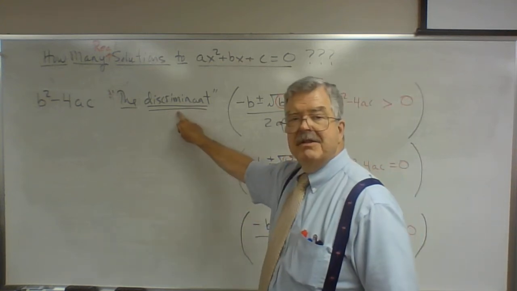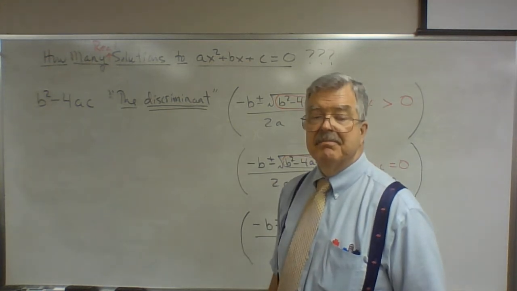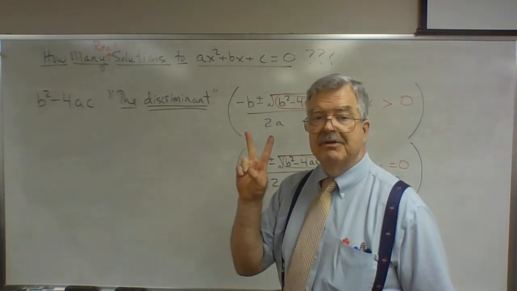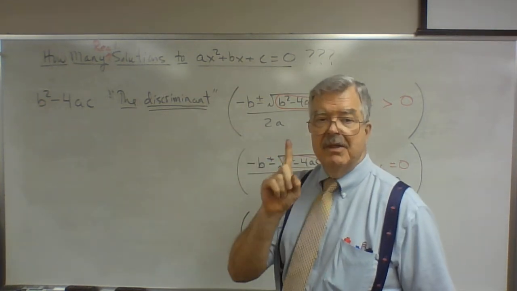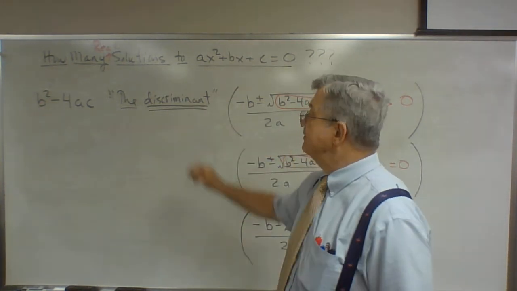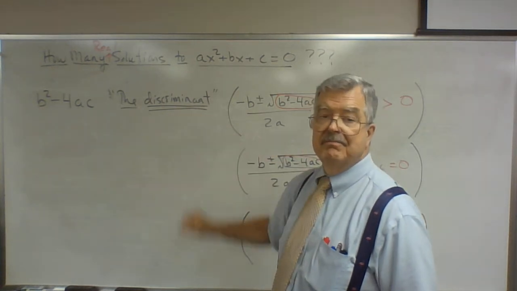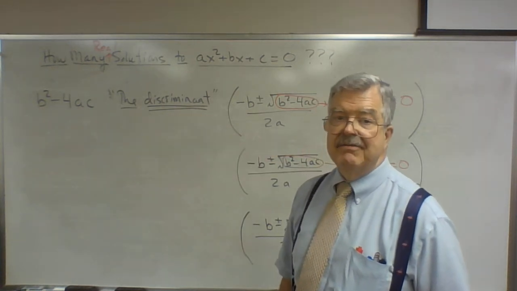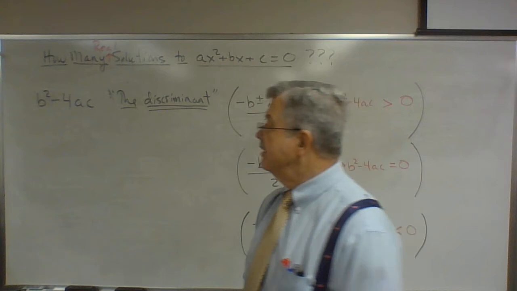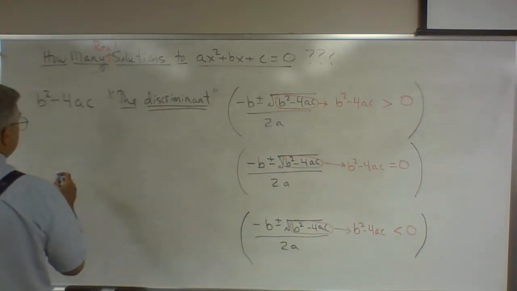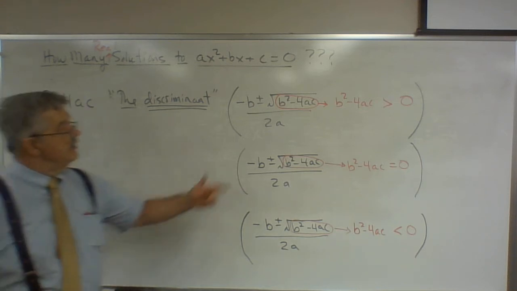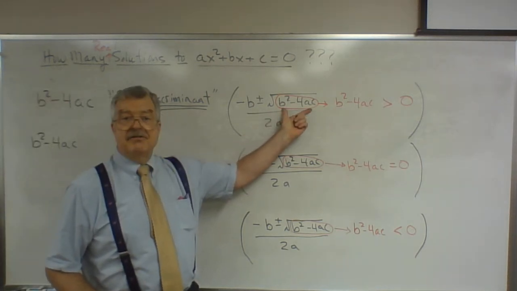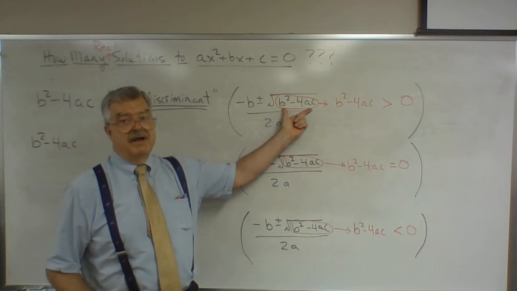The discriminant, if it's positive, we have two real solutions. The discriminant, if it's 0, one real solution. The discriminant, if it's negative, 0 real solutions. So b squared minus 4ac, that's the contents of the radical.